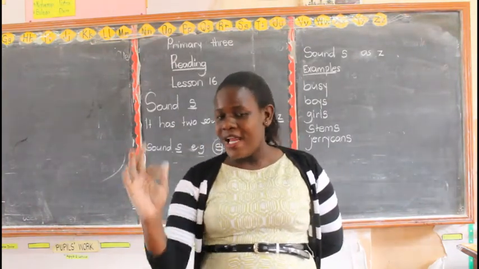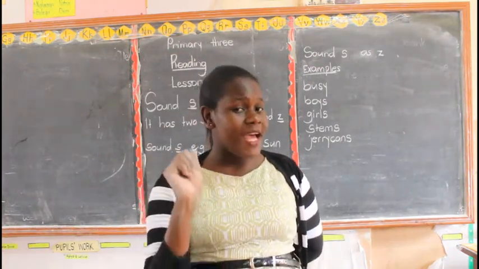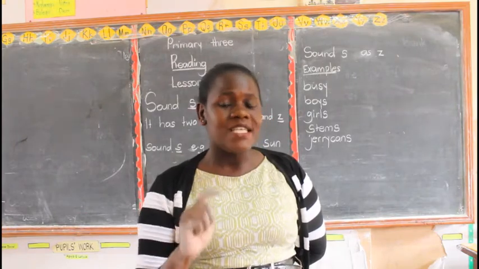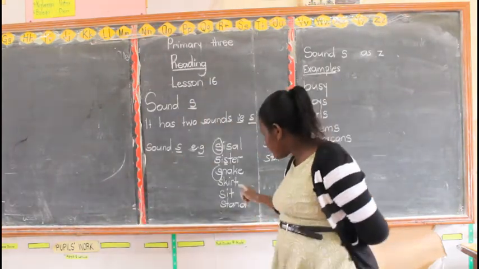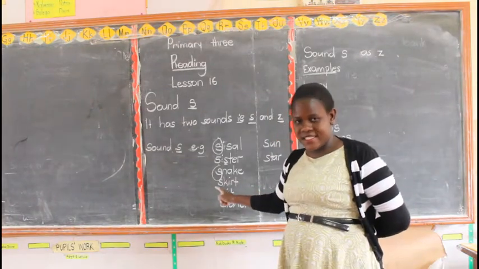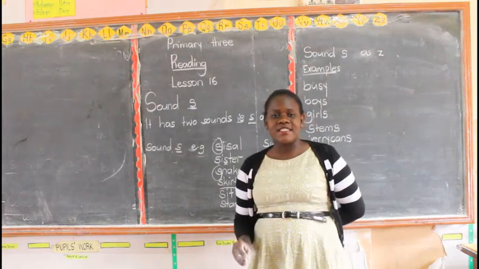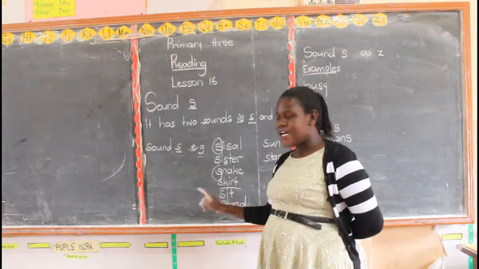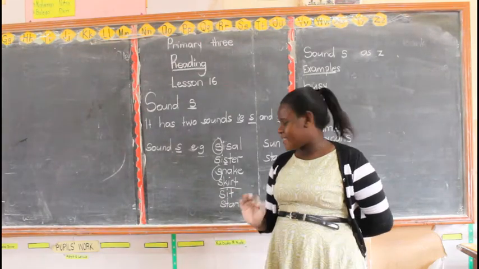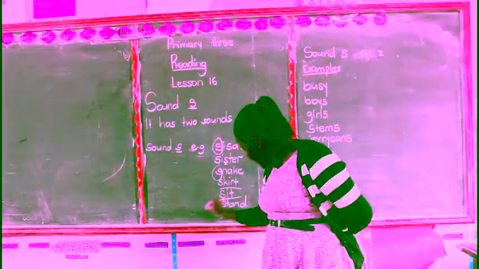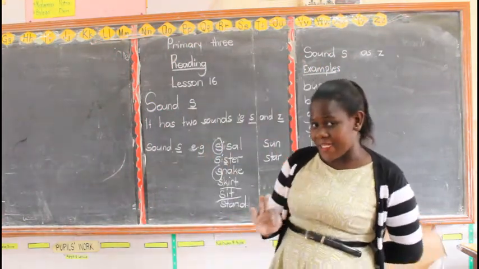I'm on letter S sounding S. We shall go to letter S sounding Z all together. So I had stopped on snake. We have this one here: cat. Are we together? That is good. We have even this one here: sit. Are you observing my letter S?